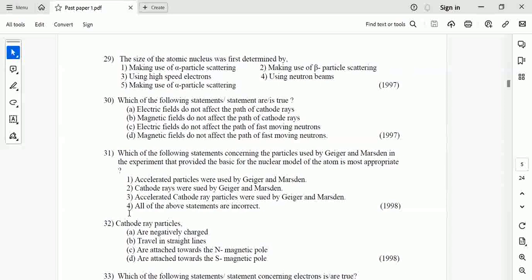Cathode rays were not used by Geiger and Marsden, they used alpha particles. So only A is true. A only, answer is 5. Only the accelerated particles were used. The particle was alpha, but it is not stated here.